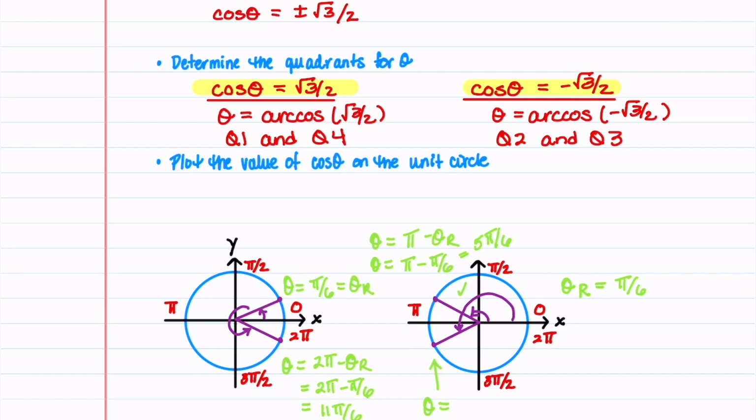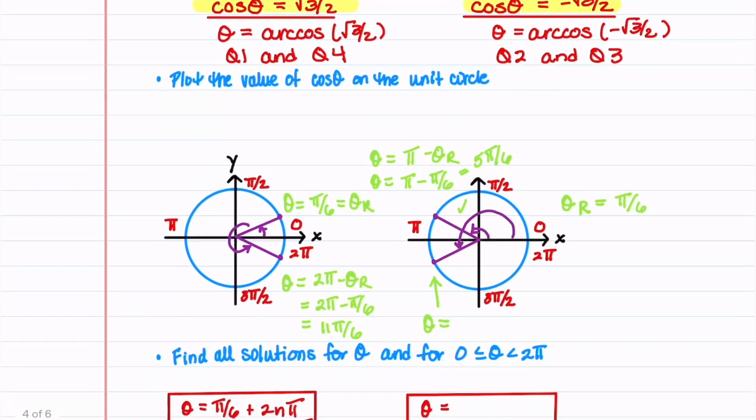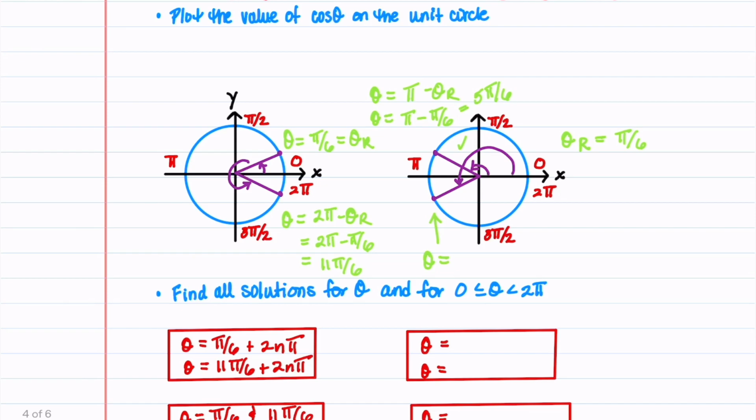And then in our third quadrant, our theta is going to be equal to pi plus theta sub r. So this is pi plus pi over 6, which gives us 7 pi over 6.